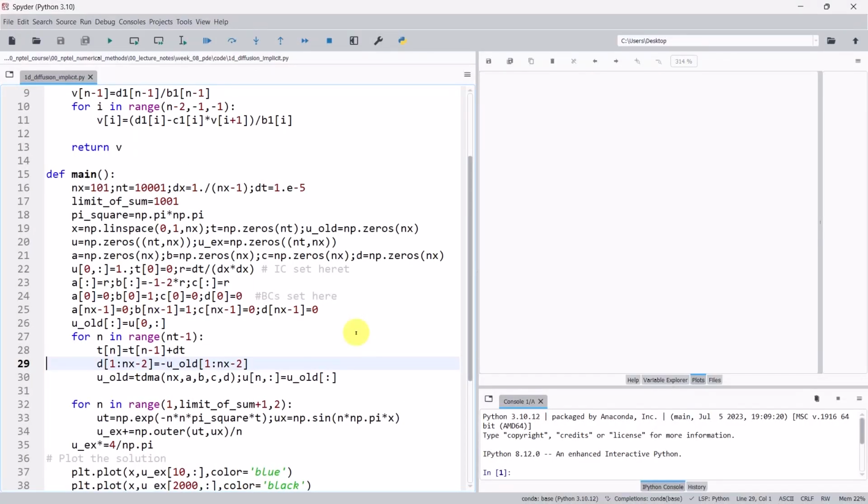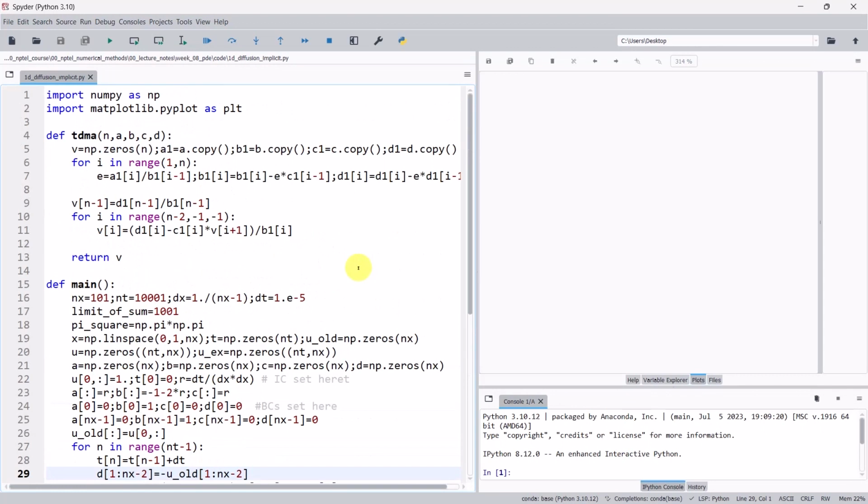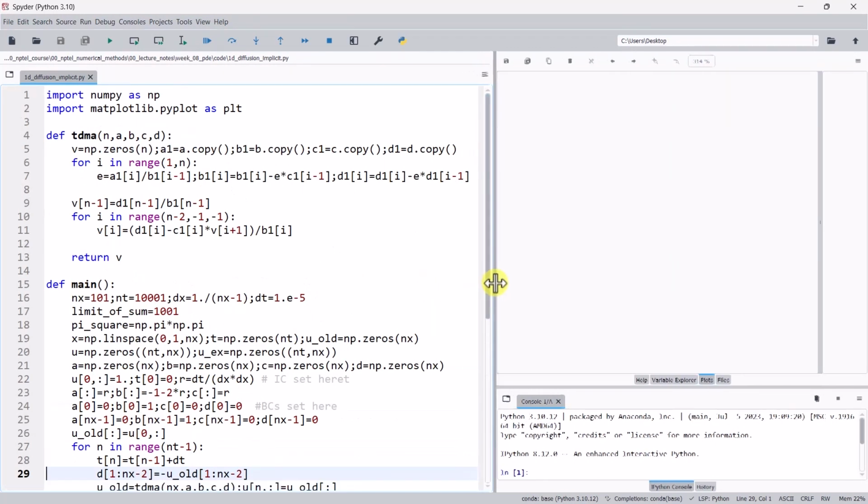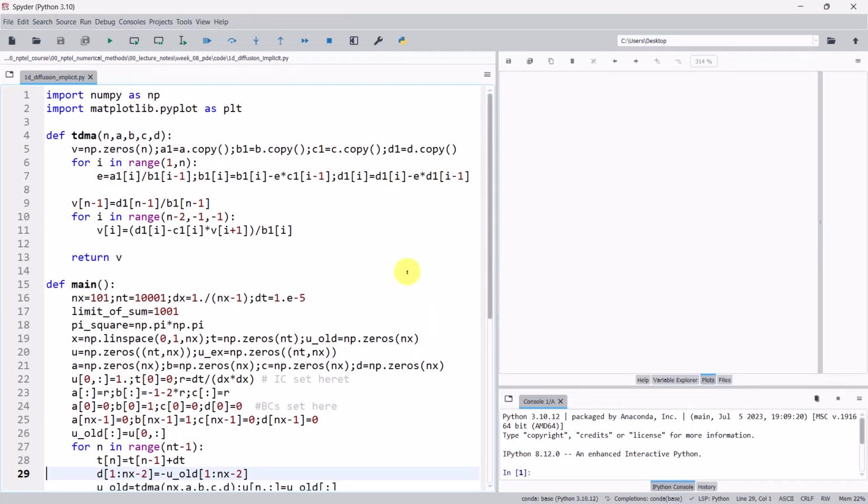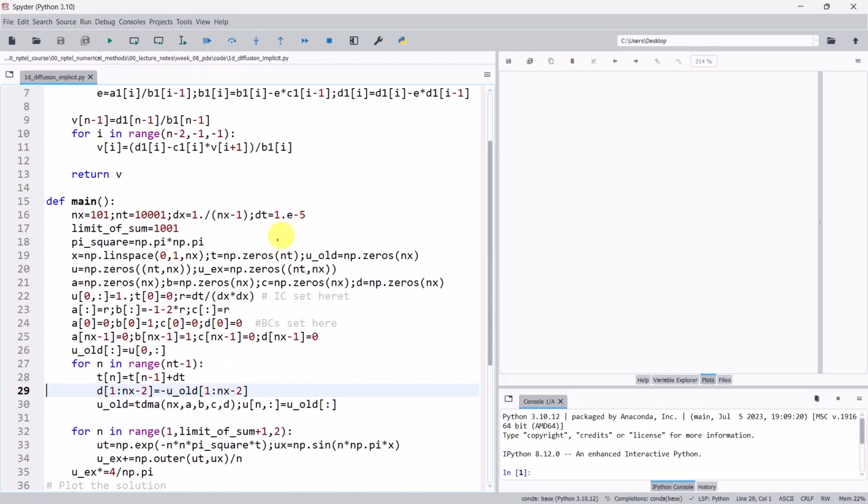So here I have a computer program for solving the one-dimensional transient diffusion equation using the implicit scheme. The program is written in the Spyder environment, in Python. It has an additional function, TDMA, that is the Thomas algorithm, for solving the tridiagonal matrix, and then there is the main program.